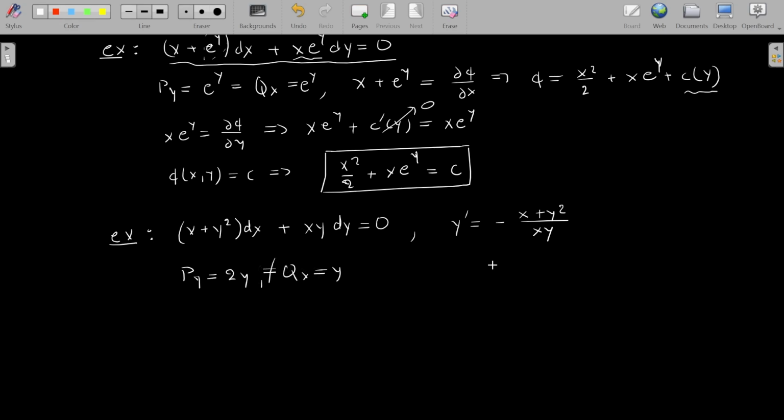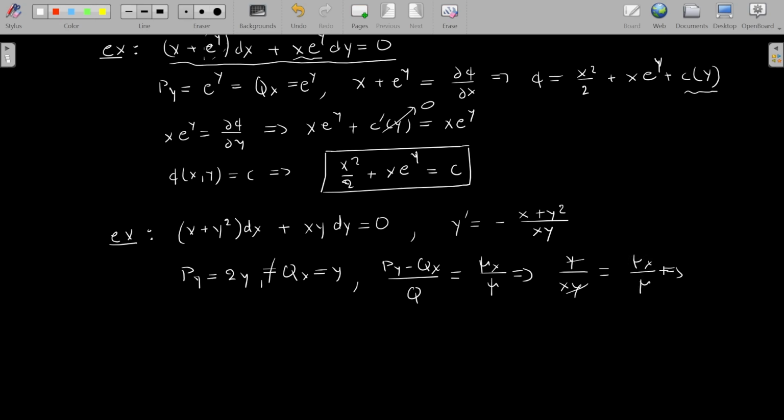Now these two are different, and we do need to use the notion of the integration factor that we talked about. Like we said, (P_y minus Q_x) over Q is going to be μ_x over μ. So this minus this is 2y minus y, so y over Q, which is xy, is μ_x over μ again.